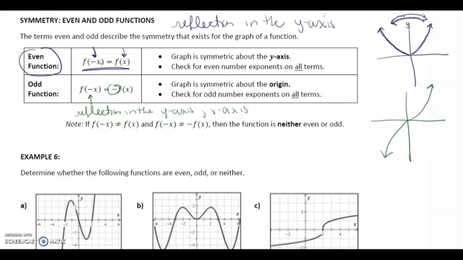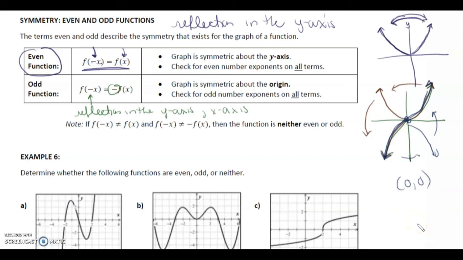So what that would do for us is it would take our function that looks like this, reflected in the y-axis, so now it looks like this, reflected in the x-axis, so now it looks like this. Okay? And likewise, take this, reflect it, take this, reflect it, and now we get the exact same equation, the exact same graph. So this graph is definitely symmetric about the origin being 0, 0.